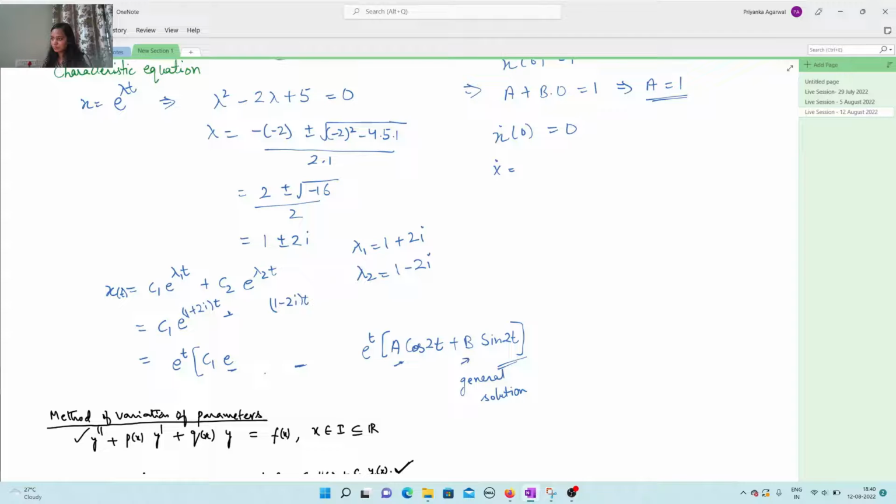Now once we know the Wronskian, we can write this as: the solution which we know into u, the derivative of u goes to the function which is making this equation non-homogeneous.